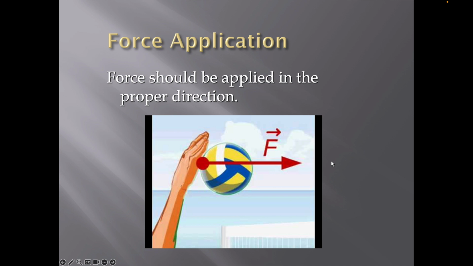Some people might want to produce force in a vertical direction, such as when you're trying to take a medicine ball and toss it above your head as high as you can. Other times you might want to produce force in a downward direction. For example, if someone's dribbling a basketball, you want to produce a force downwards to push that ball into the ground. So the direction of force depends on what type of outcome we want in the given activity.